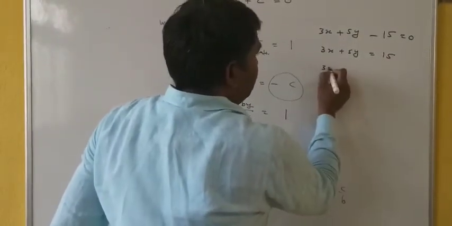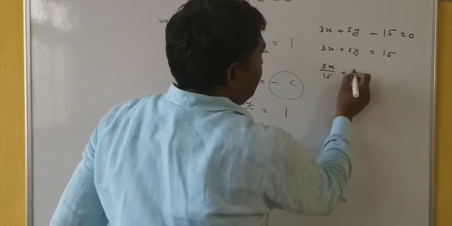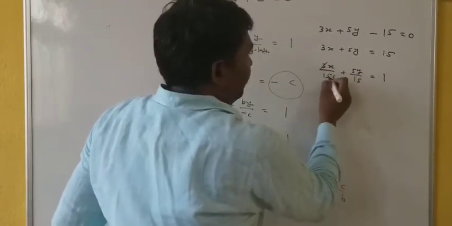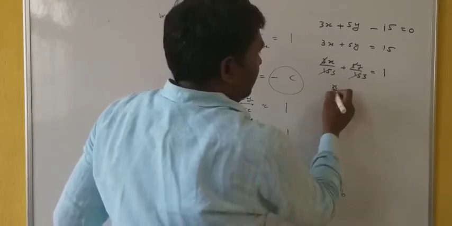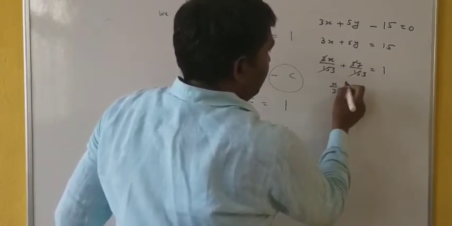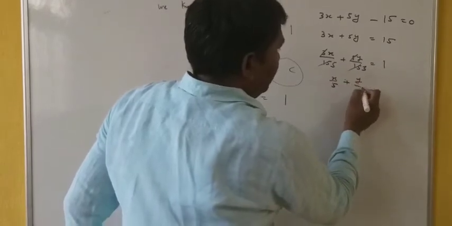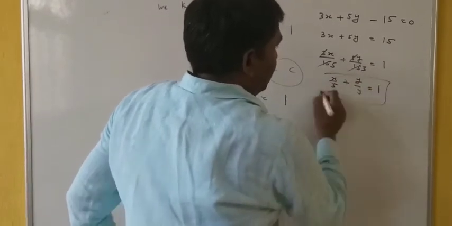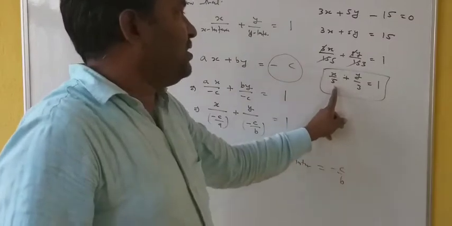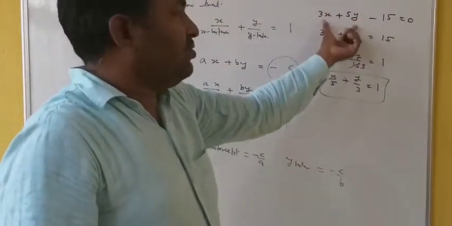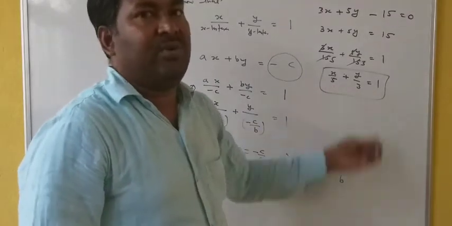What we get: 3x upon 15 plus 5y upon 15 is equal to 1. So x upon 5 plus y upon 3 is equal to 1. So see, this is your x upon x intercept plus y upon y intercept is equal to 1. So a general equation you can reduce in intercept form.